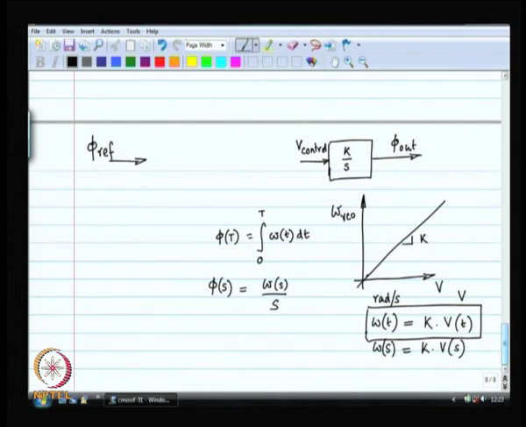So, that is the kind of plant that I am trying to control. The plant itself is some kind of an integrator, right. This is something that I need to understand. The plant is by itself something that behaves like an integrator. So, I have got an integrator built in to my plant, wonderful.